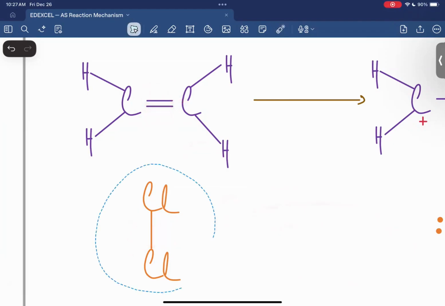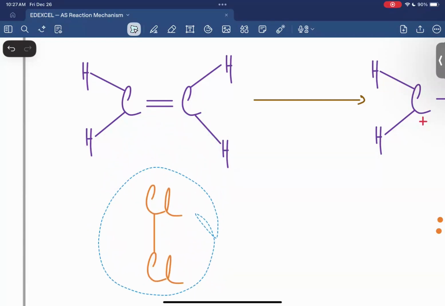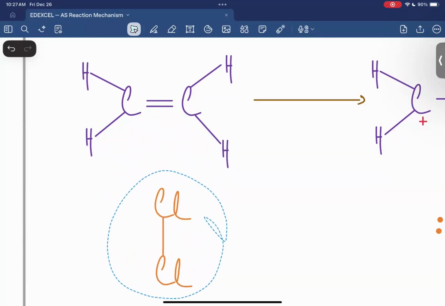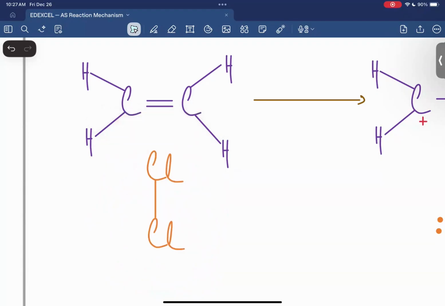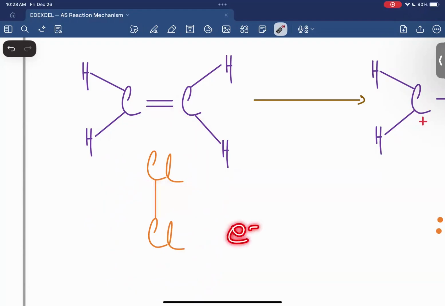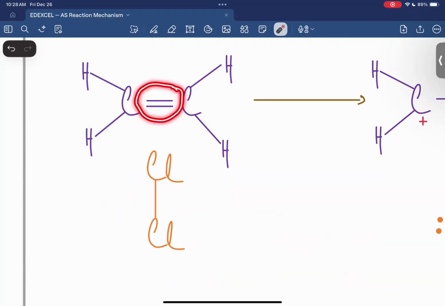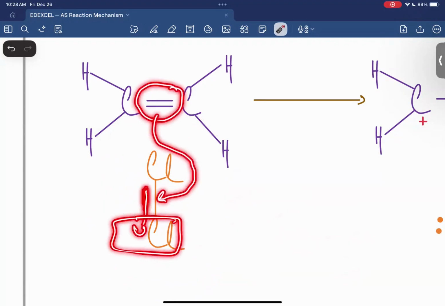Now when the chlorine molecule tries to come closer to this double bond, the electron that was here is repelled by this electron, because an electron is going to repel another electron. So this electron over here repels the electron that is over here, and as a result the electron slightly moves towards this chlorine.